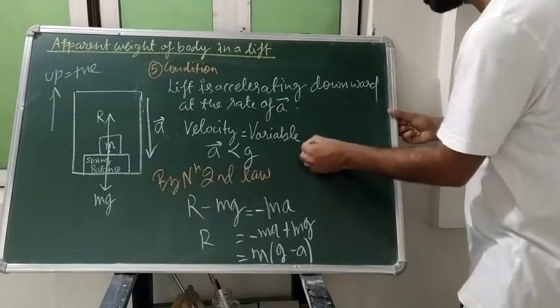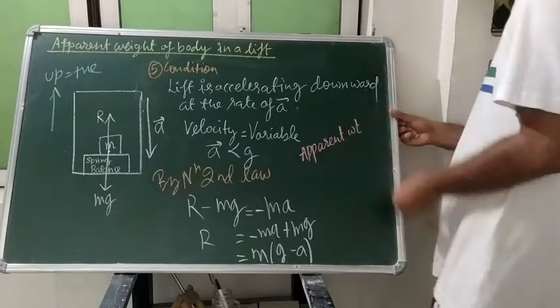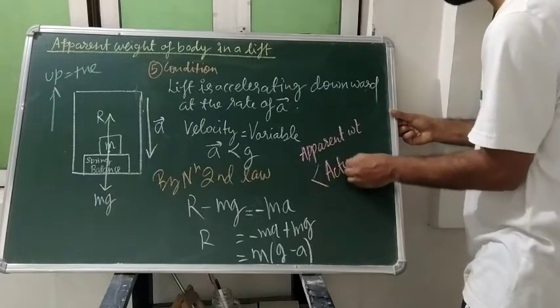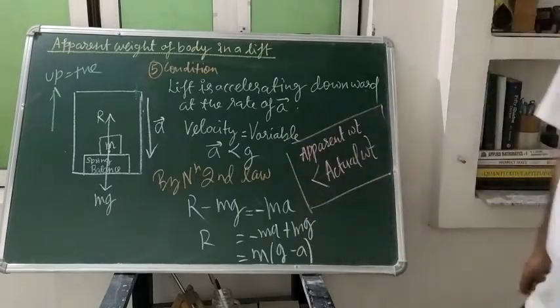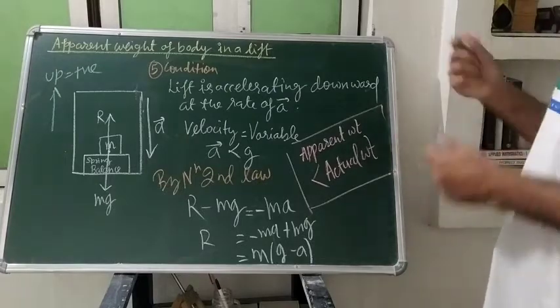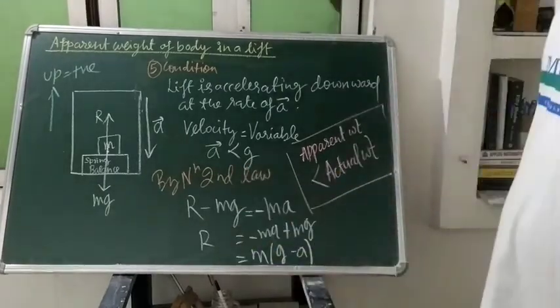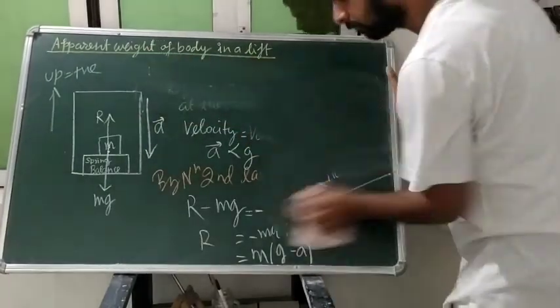Our apparent weight will be less than the actual weight, or you can say the actual weight will be more than the apparent weight. Getting it, student? Move to the sixth condition.